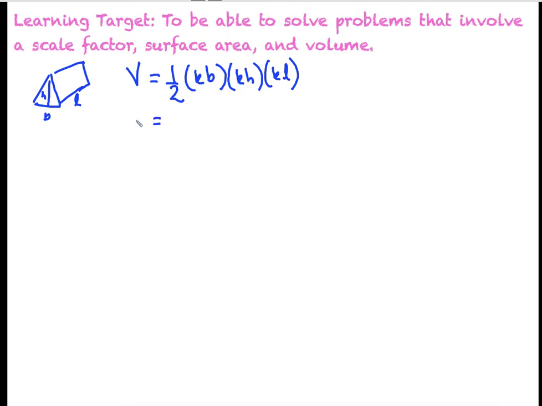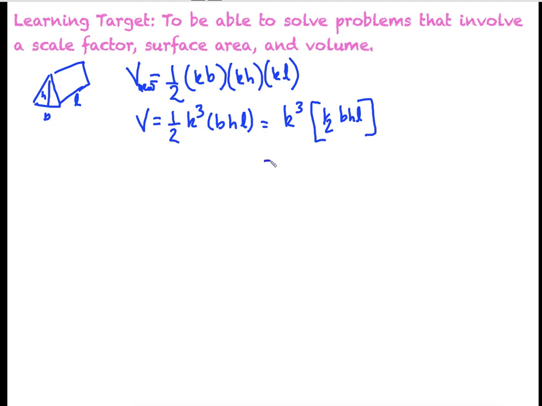All right, and so now what ends up happening? We get 1/2, and you can see we have KKK, so we've got K cubed, and then we end up with the BHL here. If I wanted to factor that out a little differently, I could say that's K cubed times 1/2 times BHL, recognizing that this is the volume of the old unscaled solid.